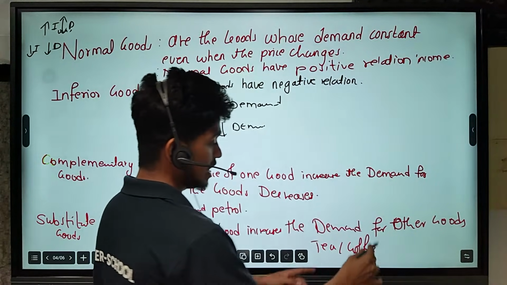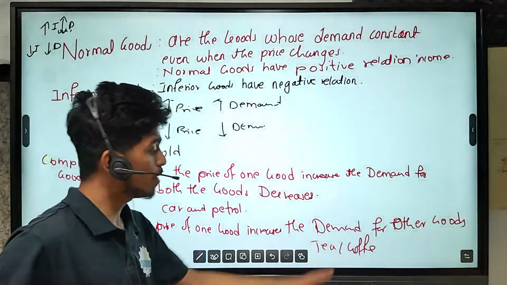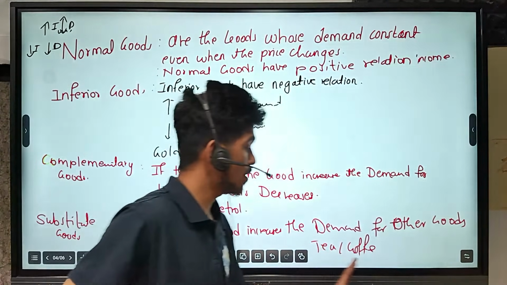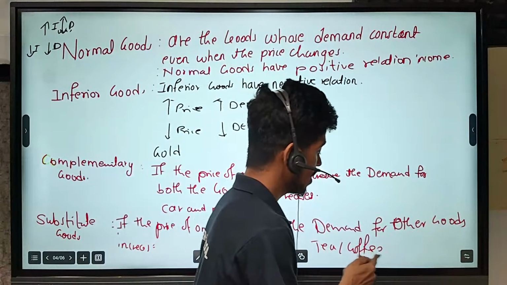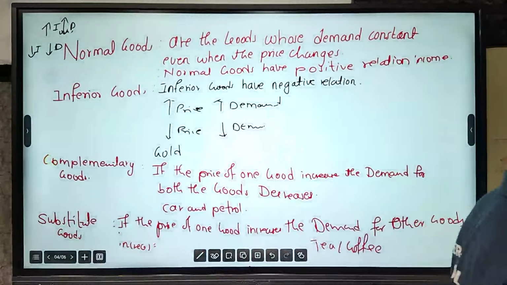If the price of tea is increasing, people will avoid tea and start buying coffee. So the demand for coffee will increase.